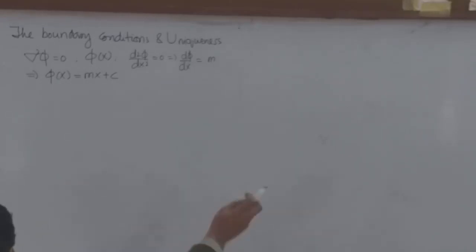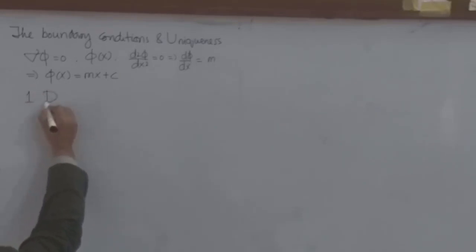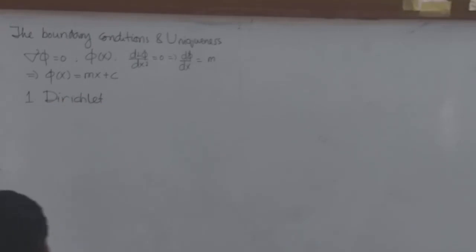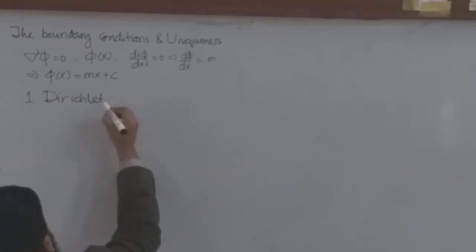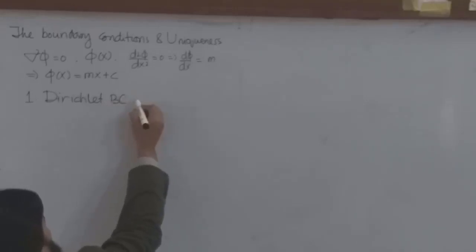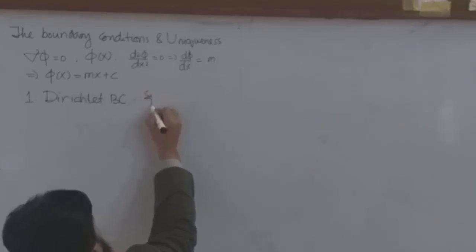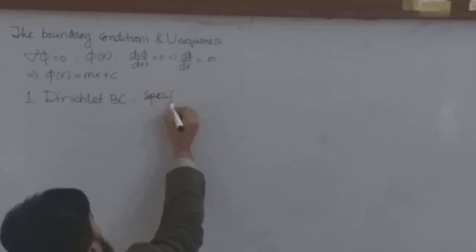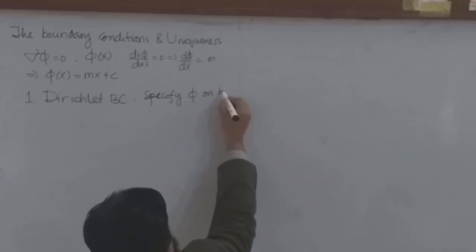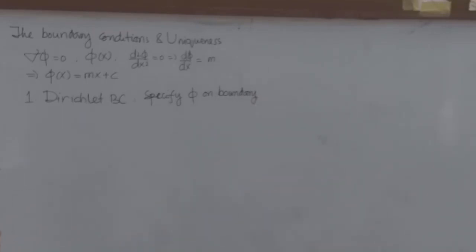Let's say the very first boundary condition, the Dirichlet boundary condition, BC. In the Dirichlet boundary condition, you will have to specify phi on the boundary. It means you will specify the potential on a boundary.